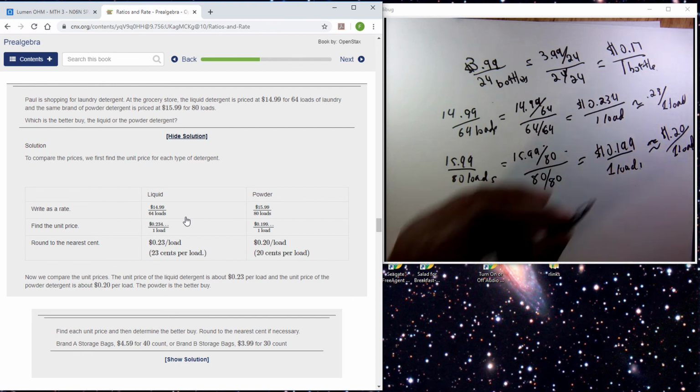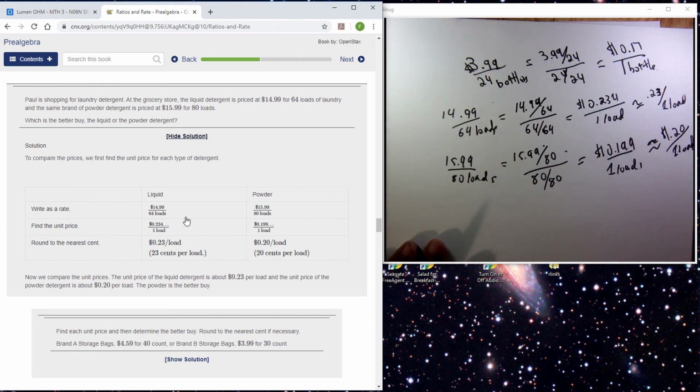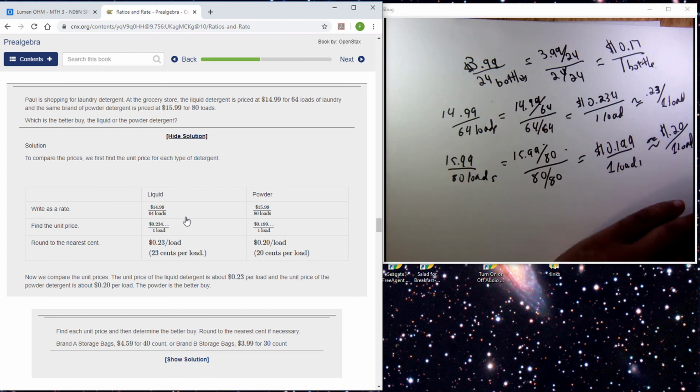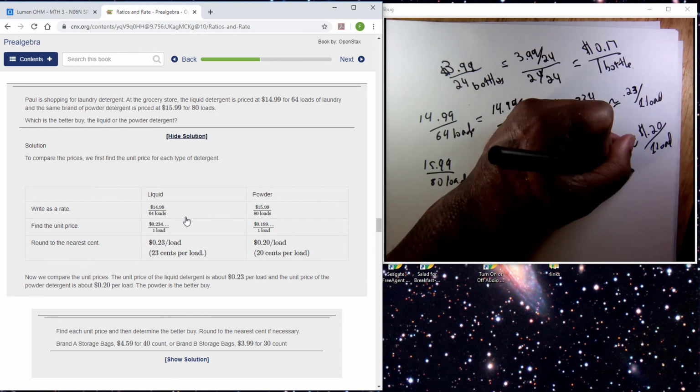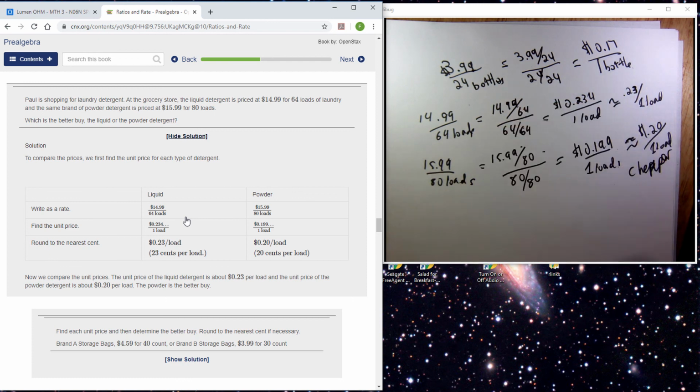So you can see which one is cheaper. The cheaper one is going to be the powder here.